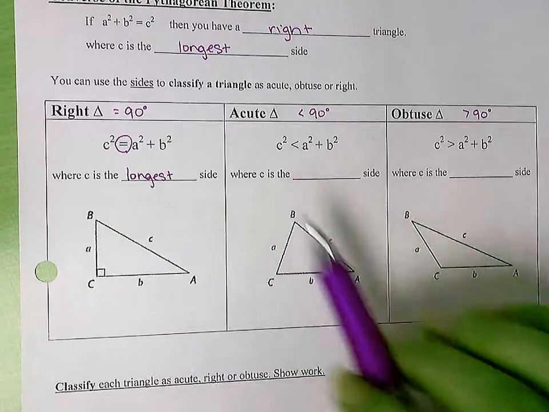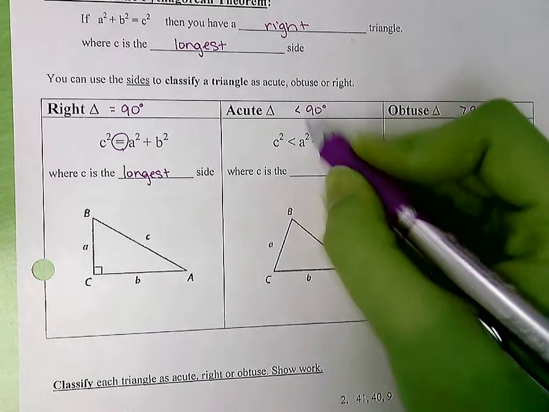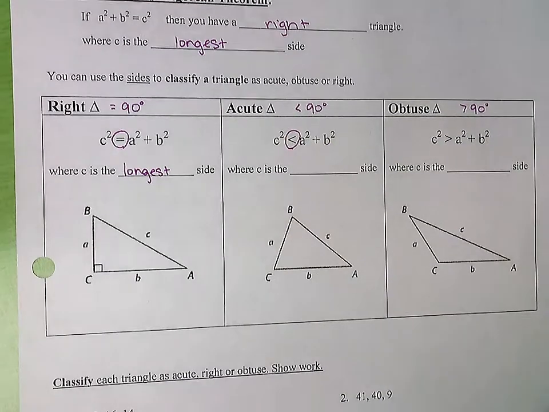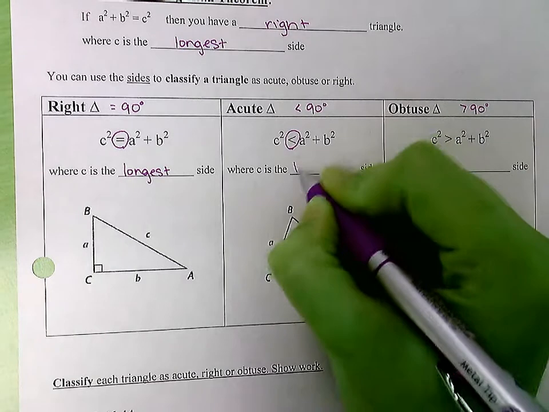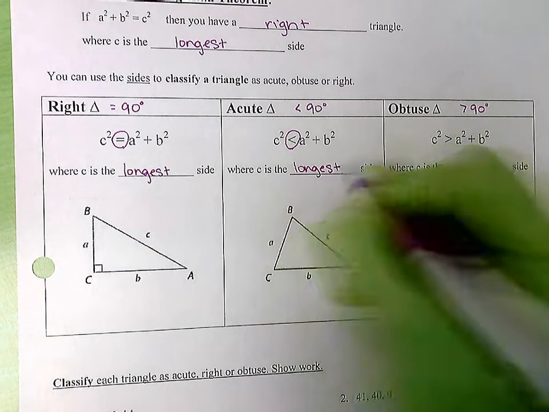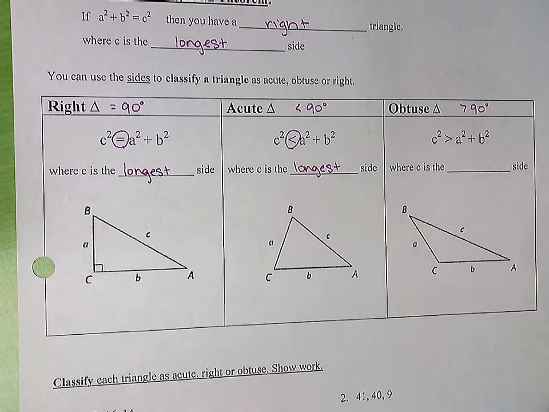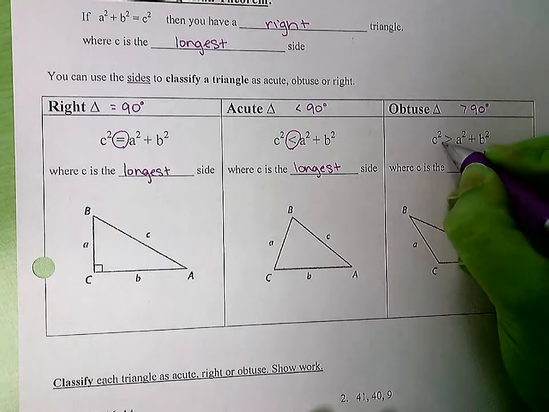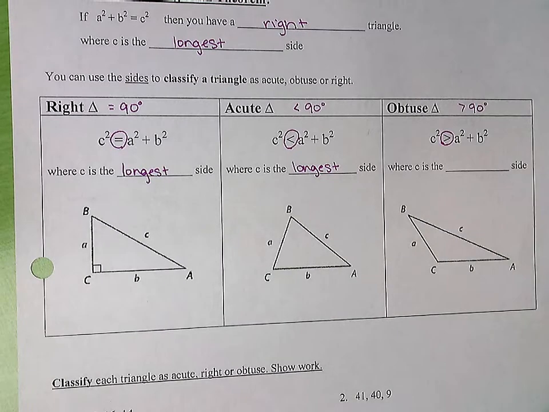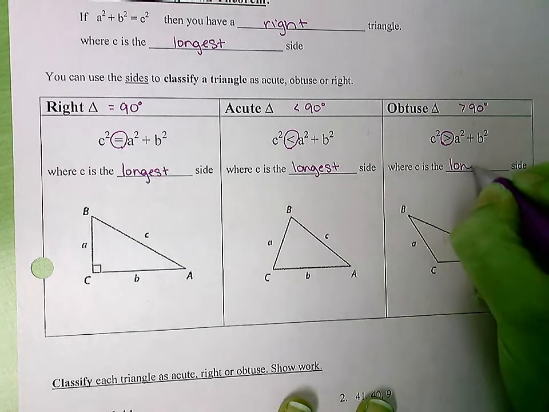In an acute triangle, c squared will be less than a squared plus b squared, where again c is the longest side. So you take your longest side, and if that squared is less than your other two sides squared and added together, it's an acute triangle. And for obtuse, if c squared is greater than a squared plus b squared, you'll have an obtuse triangle. Again, c has to be the longest side.